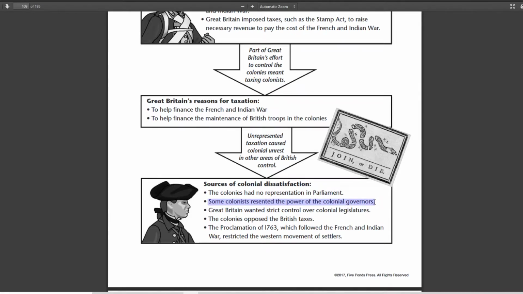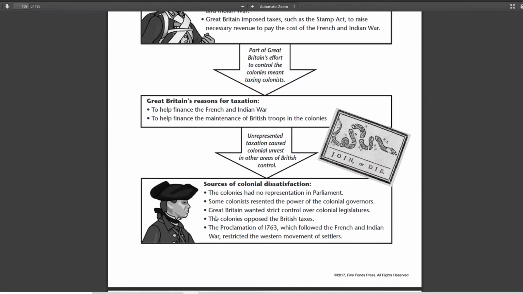Remember, we talked about this in Chapter 4, where the governors had almost total power. I mean, they can knock down any law that the legislature puts up. They're in charge of the local militia. It was an unchecked power, and the governor was somebody appointed by the king. So the colonists started to realize this is a problem.